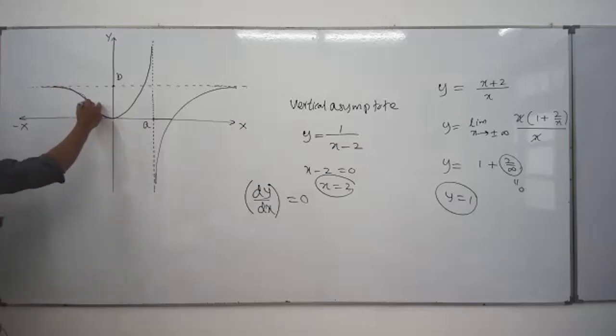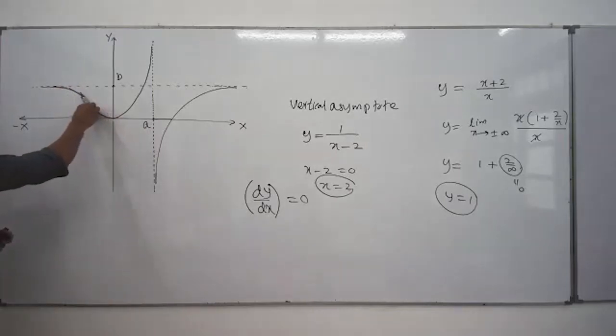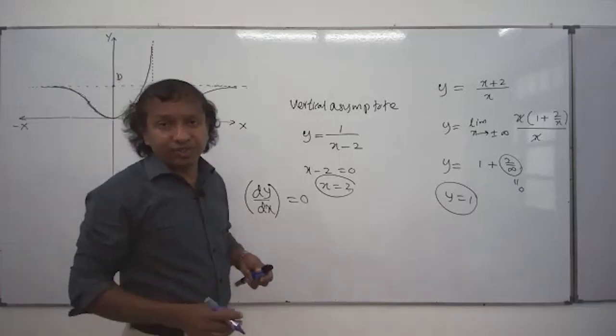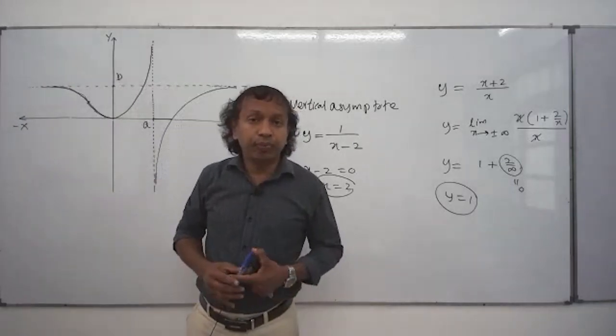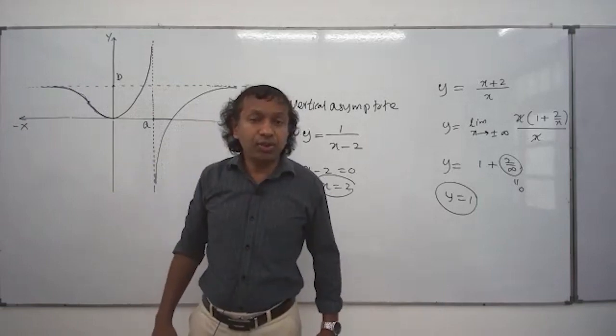From here to here, the graph is concave up. After that, the graph is concave down. When you keep drawing the tangents this way, you can see that. Then this point is a point of inflection. Then the graph can have a point of inflection too. Then we have to check that also.